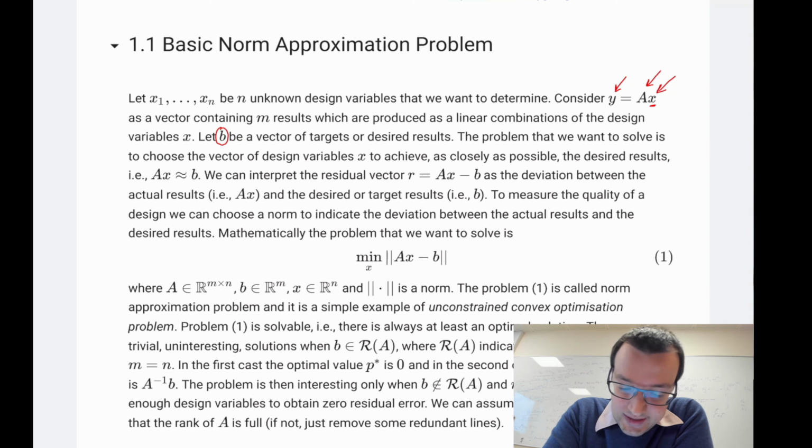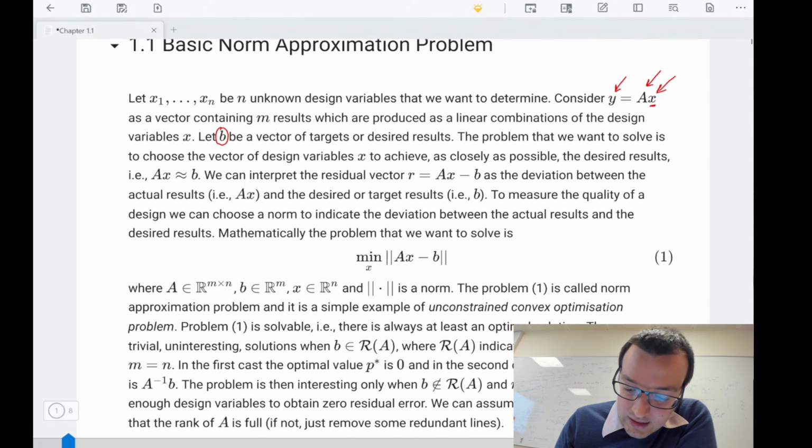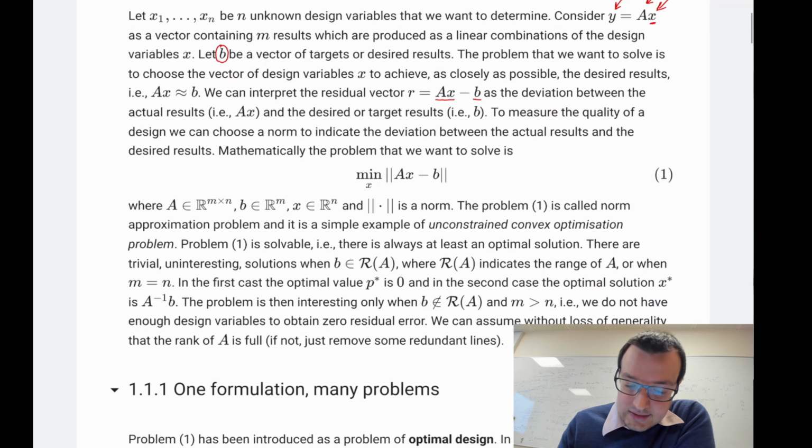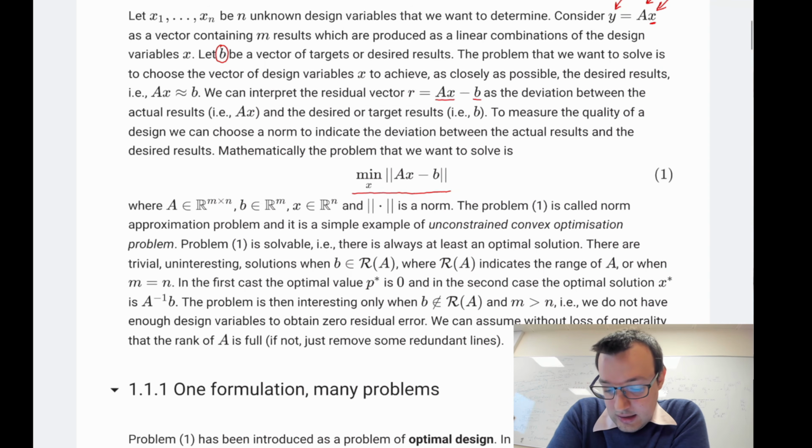So the way in which this can be achieved is that we can compute the residual error between our Ax and our desired objective b. And of course, what we would like here is to try to make our residual as small as possible in a certain sense. So the way in which we can formulate this mathematically is by asking to minimize a norm of Ax minus b. And so this is our first optimization problem that we see.